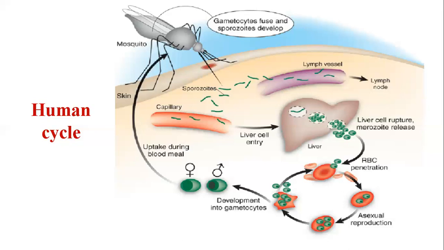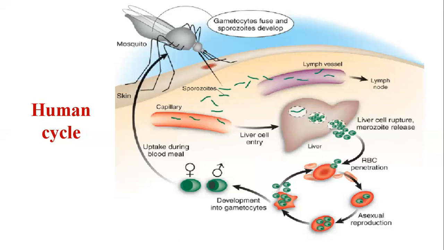Some of the infected blood cells leave the cycle, that is the asexual mode of reproduction. Instead of replicating, the cells develop into sexual forms. So they convert their mode of reproduction from asexual to sexual, and we can find development of gametocytes.